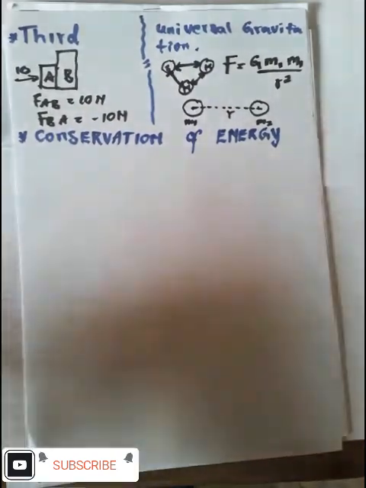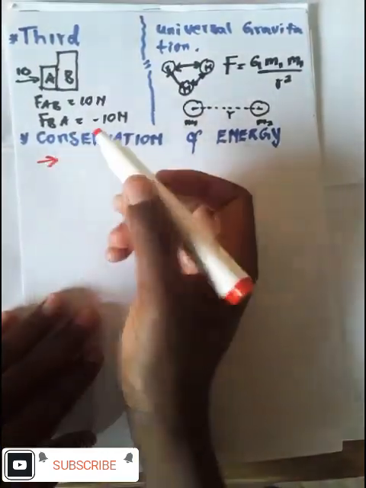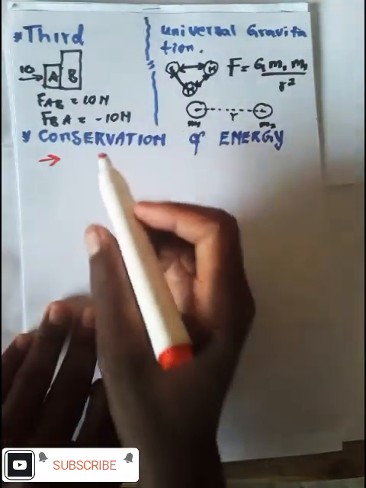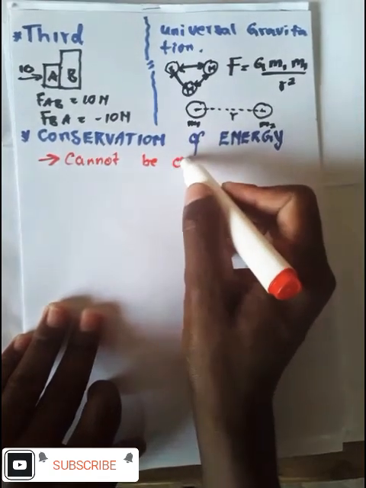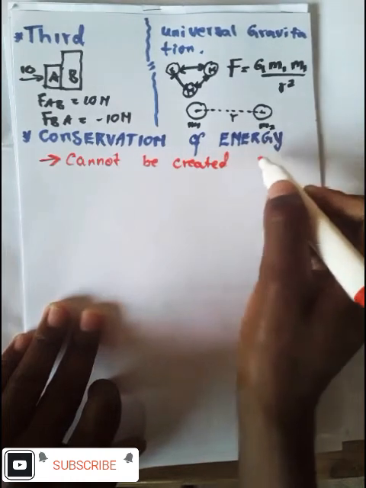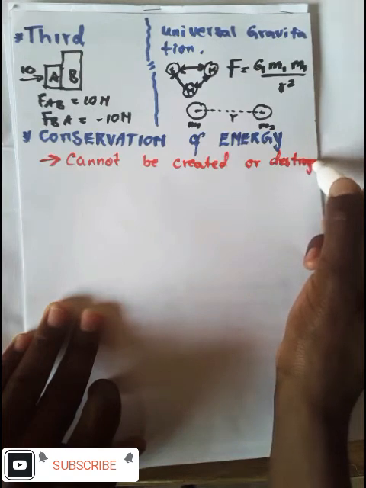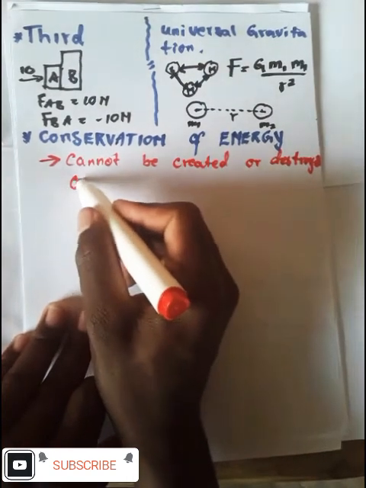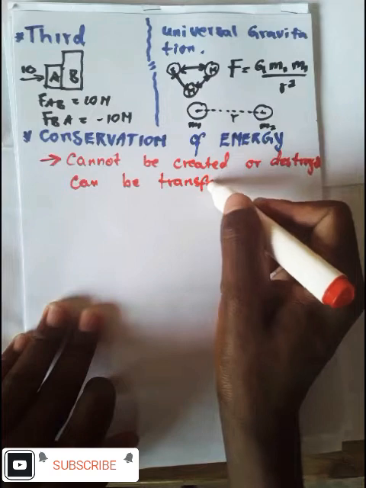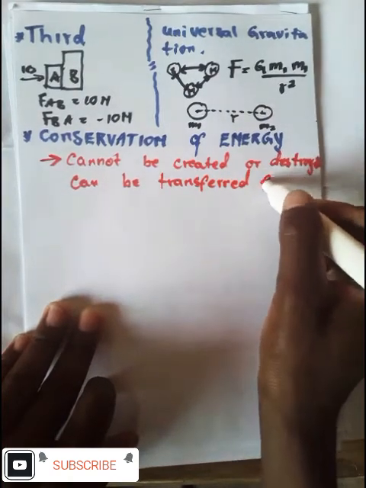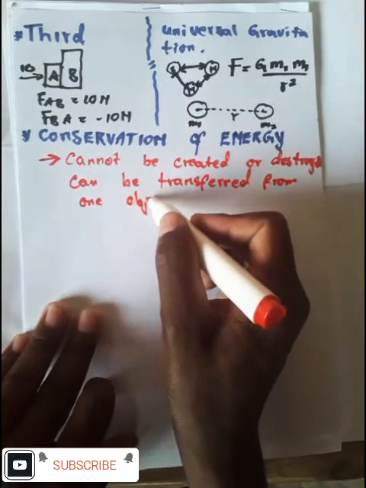So let's move on to conservation of energy. The conservation of energy just states that energy cannot be created or destroyed, it can only be transferred from one object to another.